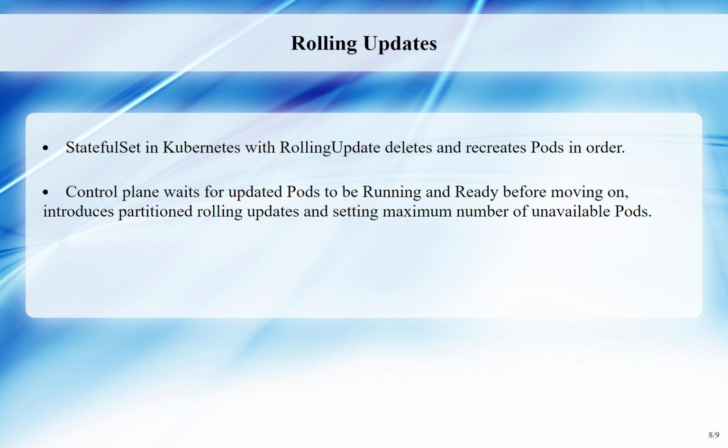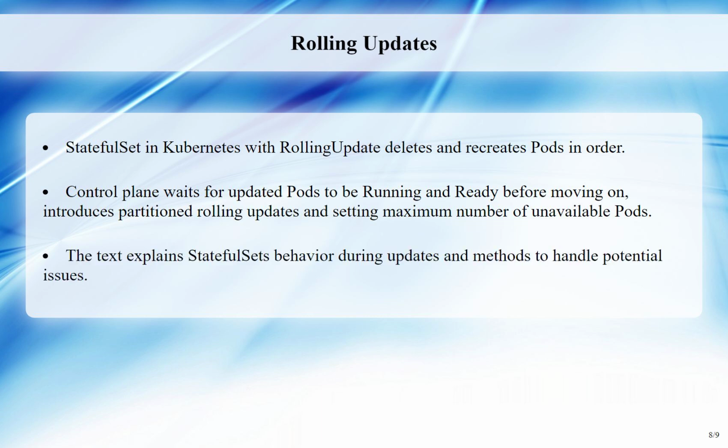Additionally, the text mentions the feature of controlling the maximum number of pods that can be unavailable during an update using the .spec.updateStrategy.rollingUpdate.maxUnavailable field. This can be set as an absolute number or percentage, with the default setting being 1. Furthermore, the text discusses the possibility of a forced rollback in cases where a pod template update results in a broken state that cannot be automatically reverted.